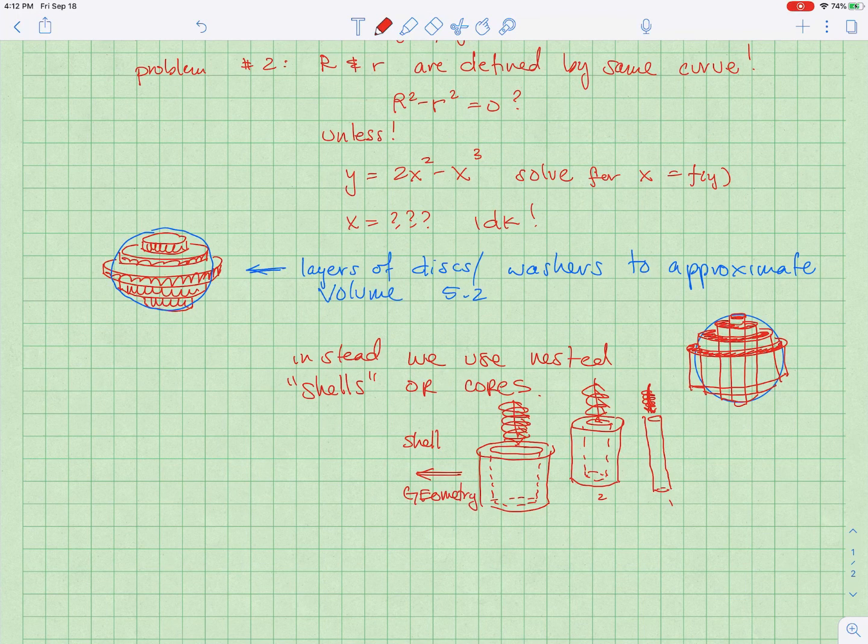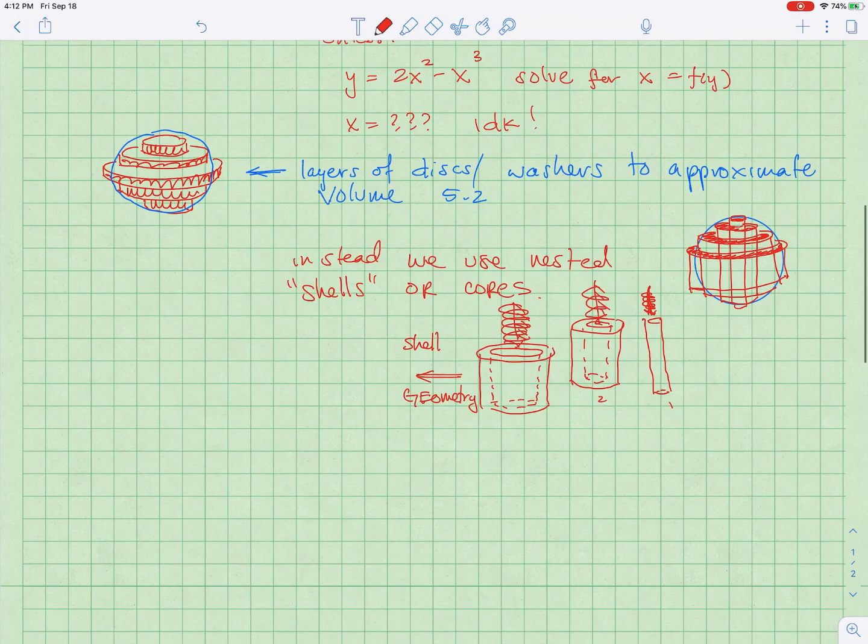Now what we're going to do is we're going to take one of these shells, toilet paper rolls, I guess. If you were going to do some kind of elaborate construction out of different sized toilet paper rolls, that's what we'd be doing here.